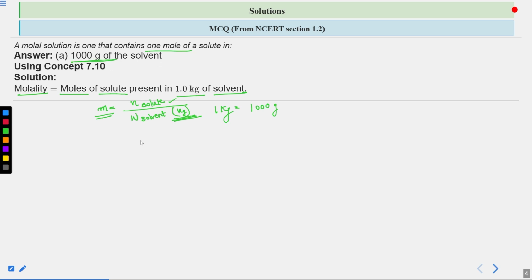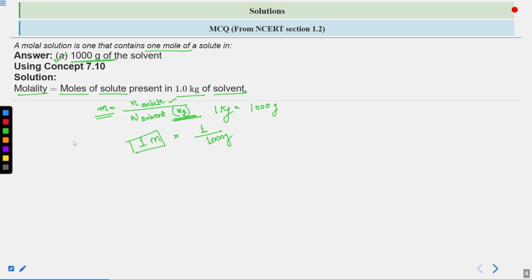This is the definition for 1 molar solution. For 1 molar solution, the number of moles of solute should be 1 and the weight of solvent should be 1 kg, or you can say 1000 grams. That is why our correct answer is option A, 1000 gram of solvent.